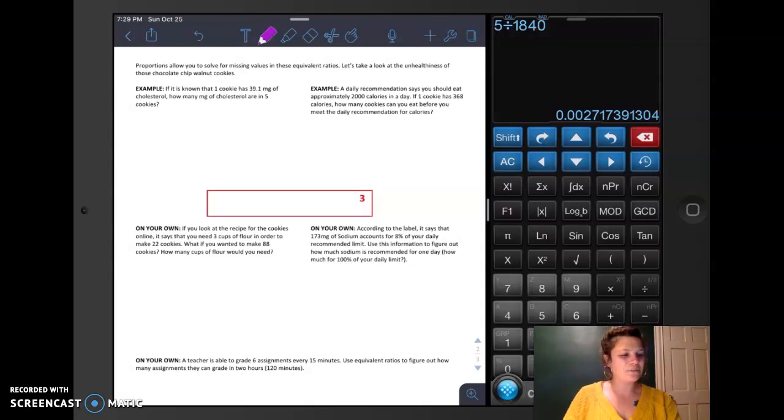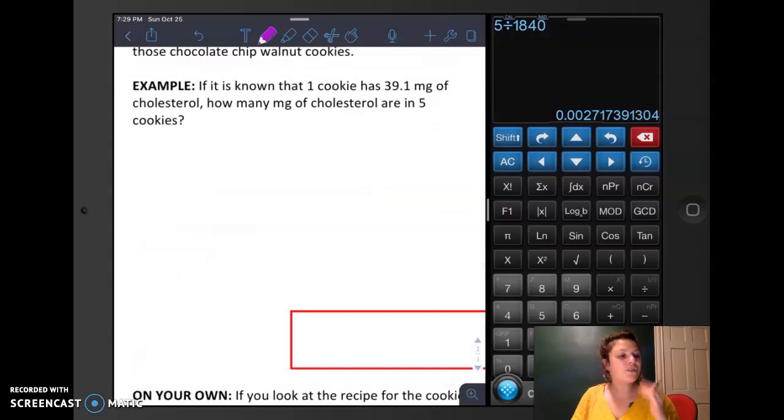All right, so these next examples are more questions, right? They're going to be asking you to do something specific rather than just make equivalent fractions. They want you to make a specific same fraction or equivalent ratio. So this first one says 1 cookie has 39.1 milligrams of cholesterol.